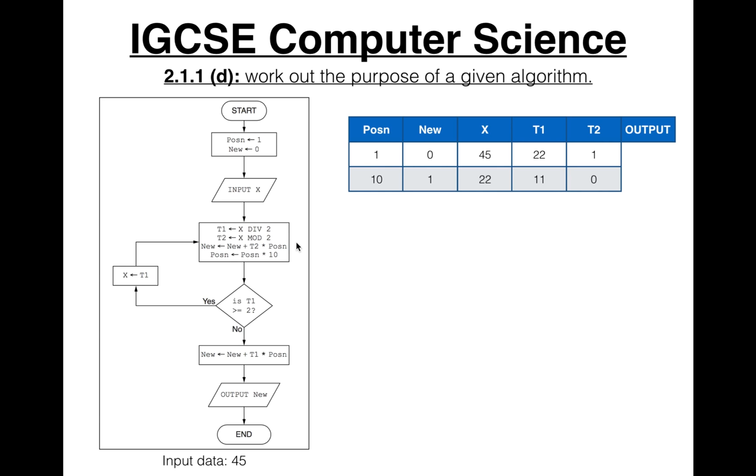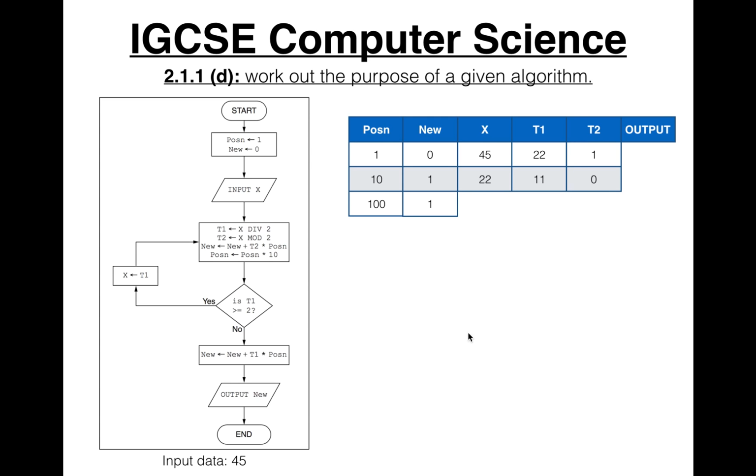So t2 is 0, because 22 mod 2 is 0. New equals new plus t2 times position. So 0 times 10 is 0, plus new, so that's 1. Position equals position times 10, that's 100.